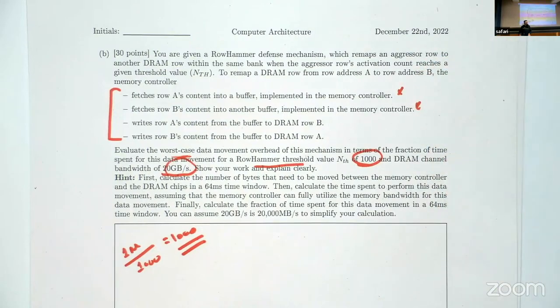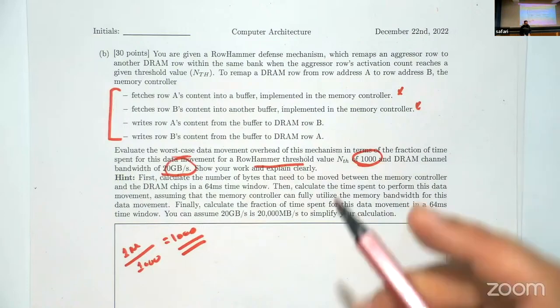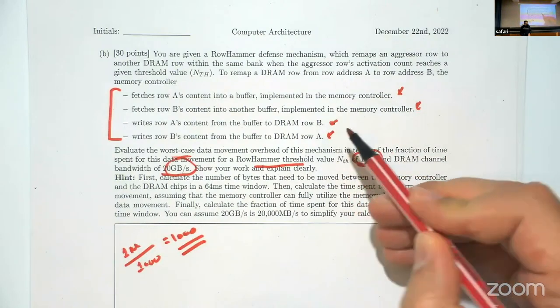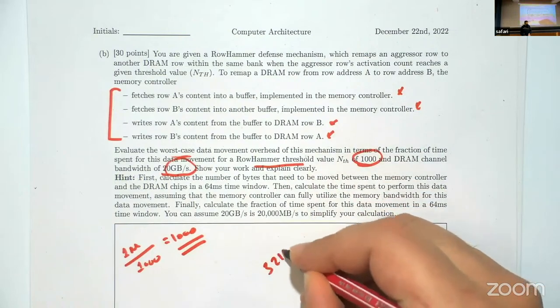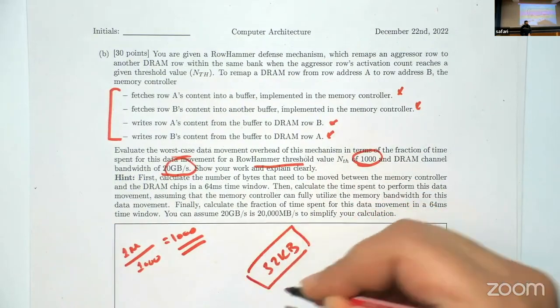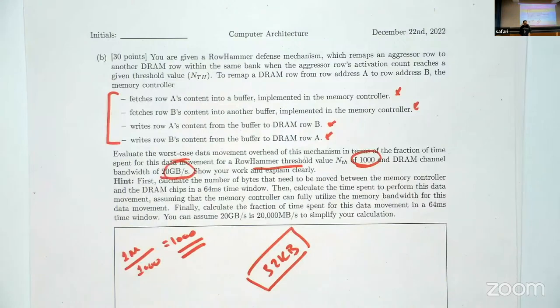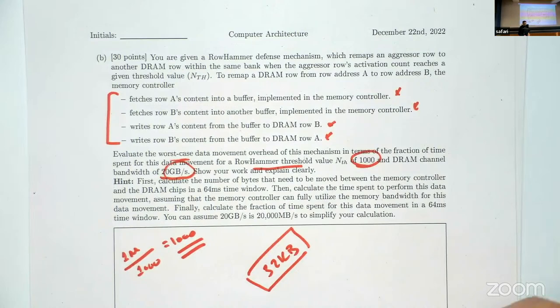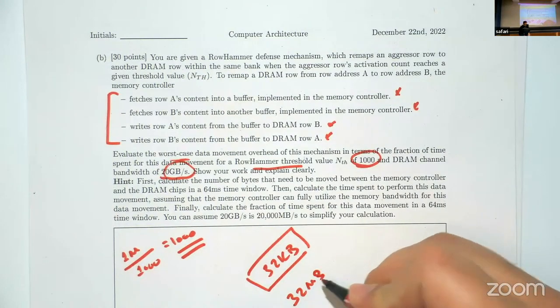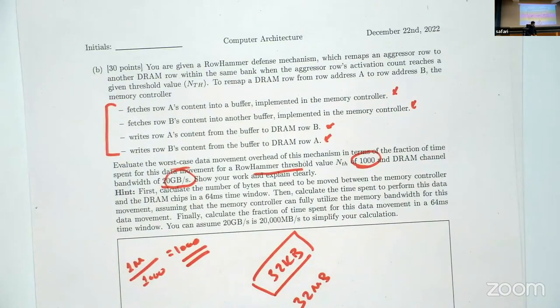We move 8 kilobytes from row A to the memory controller, another 8 kilobytes from row B to the memory controller. And then we move these two 8 kilobytes back. So in total, we end up moving 32 kilobytes, if you consider back and forth, in one operation. And I can perform this operation 1000 times. So that is around 32 megabytes, right? Let me double check with the numbers in case I made some miscalculation.